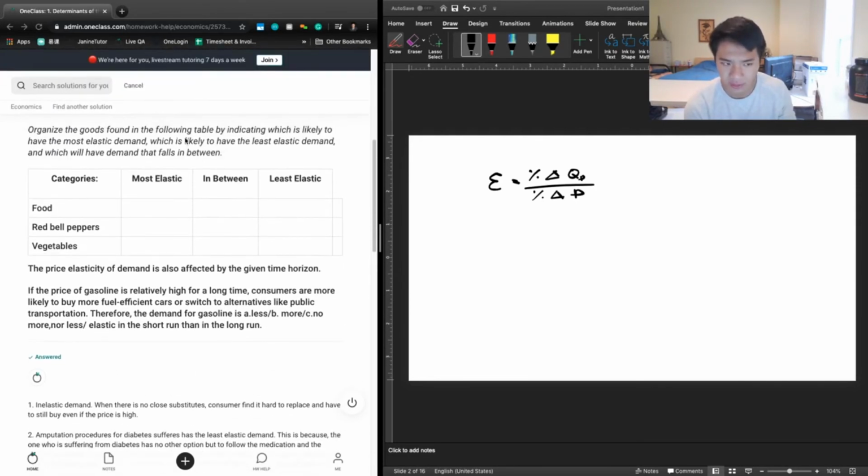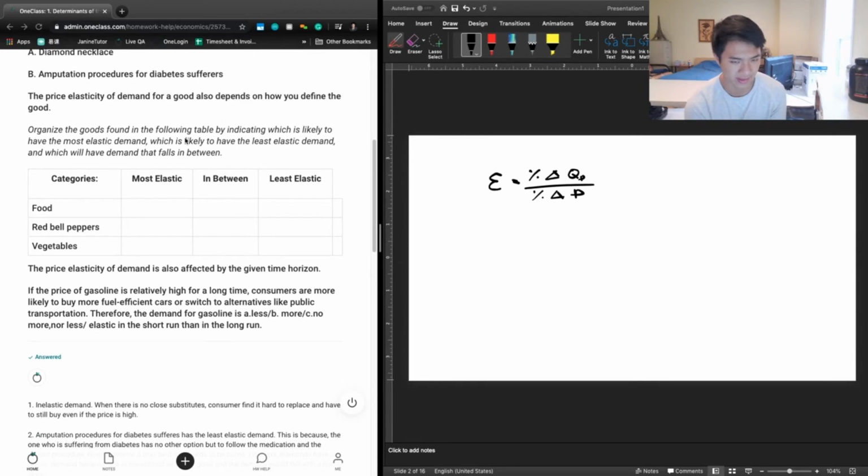Food has very few close substitutes and is also very necessary. And so, by that logic, by defining this very broad category, we make this the least elastic category. The second thing we'll talk about real quickly is vegetables. It's a little bit narrower than food, but more broad than red bell peppers. And so we'll probably say it's in between in terms of elasticity.